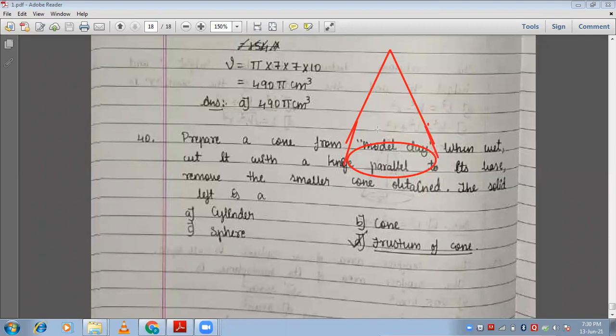Cut with a knife parallel to its base. So I am cutting here, I will cut this part and remove this part. Okay, I removed this one, so it makes a cone. The remaining part will look like this. What is the remaining part? It's in the shape of the frustum of the cone. So option D is correct.